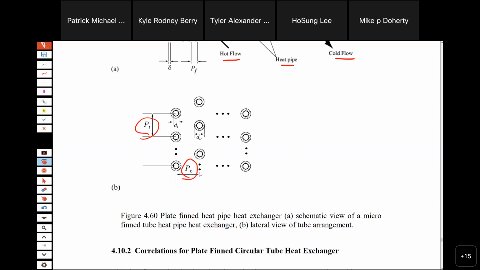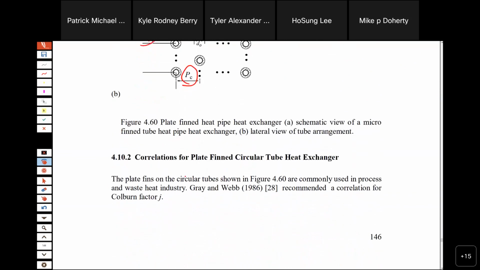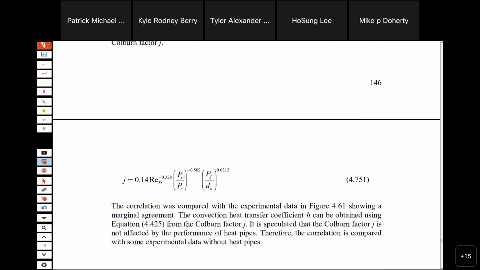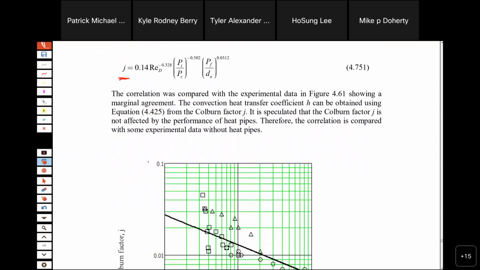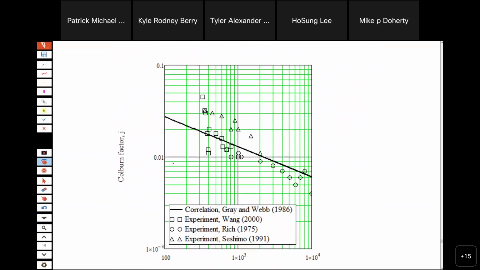I defined it. Okay. So also correlations, I found the Colburn j factor, and then I tried to verify with the experiment. Not really good, but what can you do?